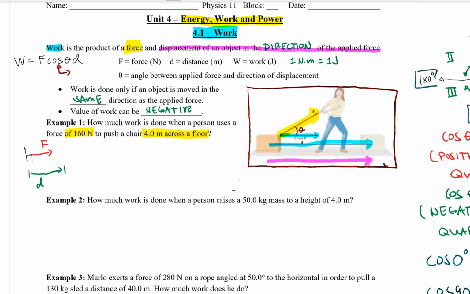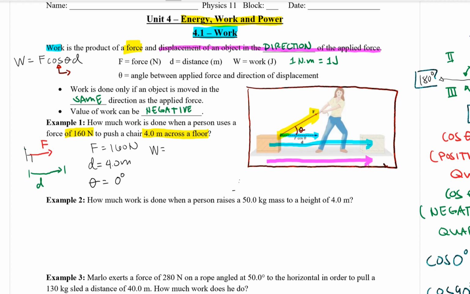If I'm going to write my given, I have F equal to 160 newtons, D of 4.0 meters, and theta is 0 degrees. It's 0 degrees because, as you can see, F and D are in the same direction, so the angle between them is 0 degrees.